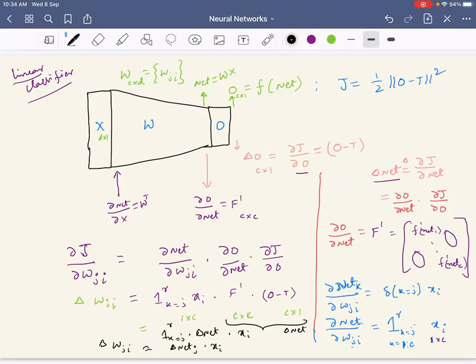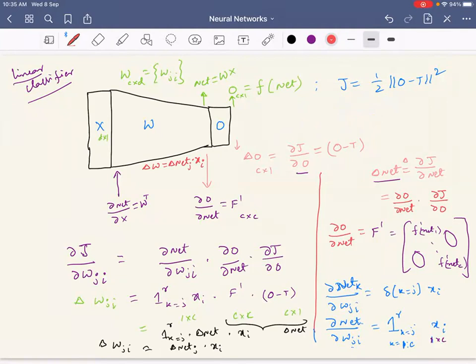After the derivative, I'm writing here the derivative delta W is equal to, what did we get after substituting the things? Delta net j into Xi. Is this fine or not?